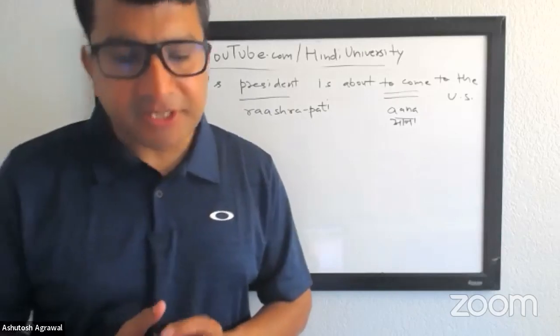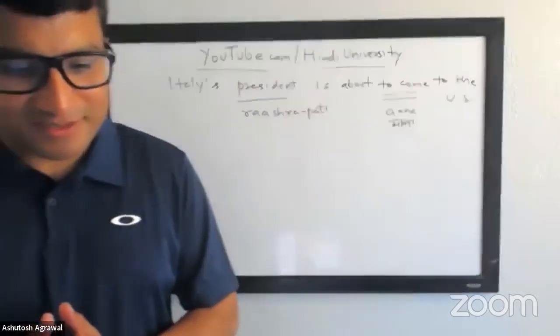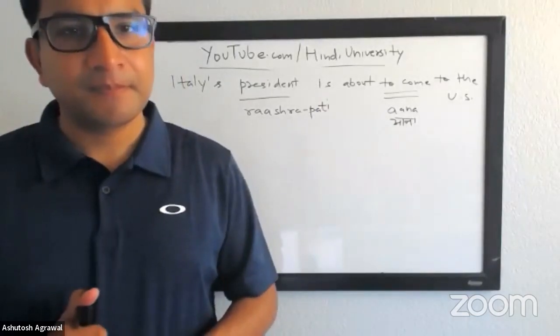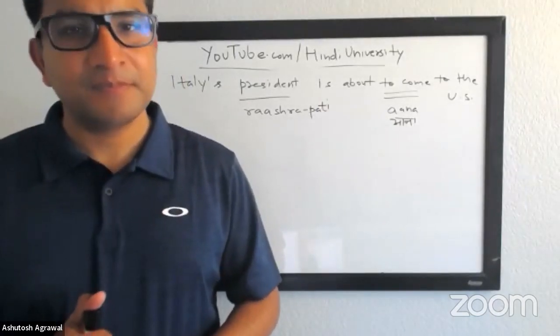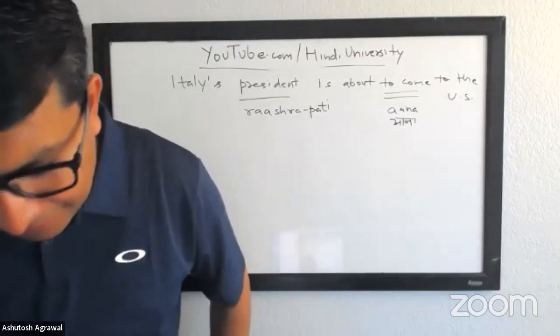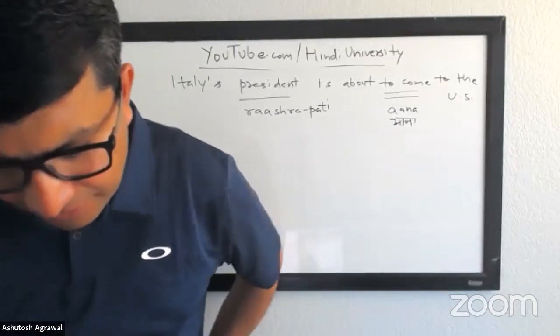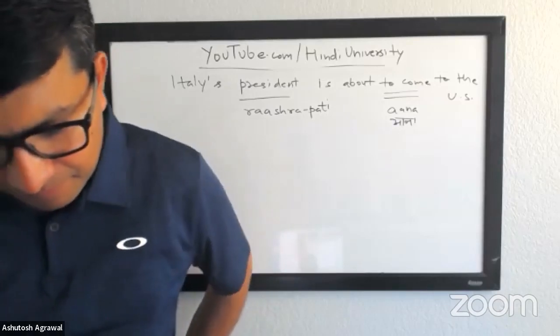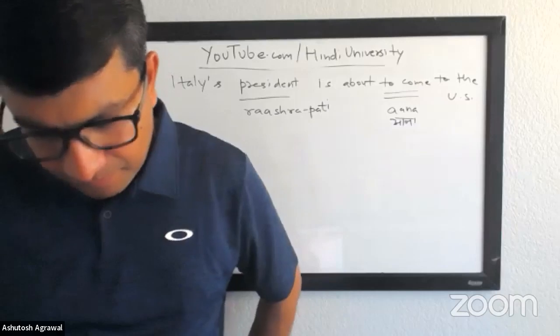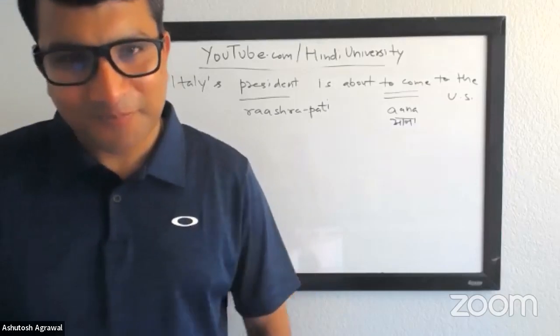Okay, Mitaji, you want to unmute yourself and tell us? So I put Italy ki Rashtrapati US aane wale hai. Okay, very good. And then what is the other way to say it? Italy ke Rashtrapati US aane hai.